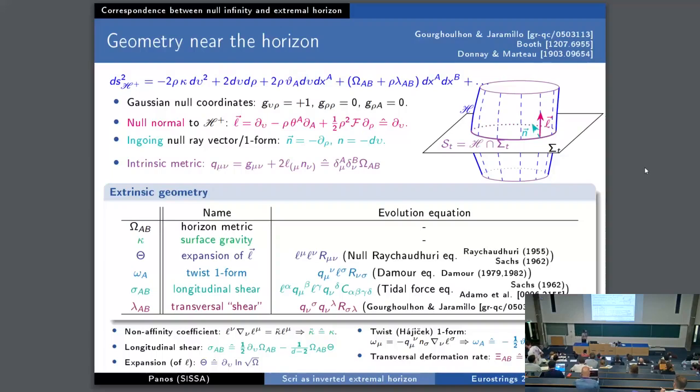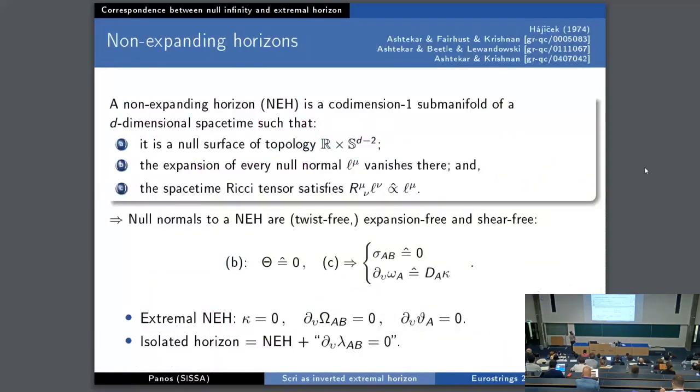Well, horizons have a spherical structure, but we are more interested in a subclass of horizons called non-expanding horizons. As the name suggests, a non-expanding horizon is one for which the expansion vanishes on the horizon. The definition has two more requirements. One is a topological requirement, which, for example, excludes Minkowskian light cones from being non-expanding horizons.